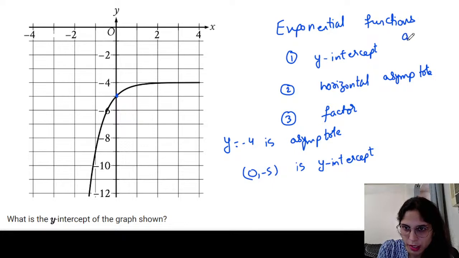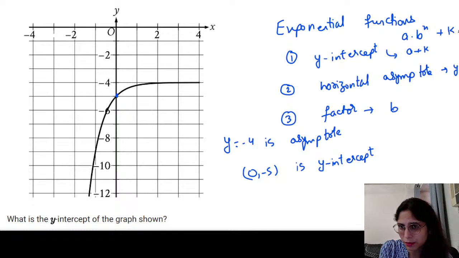It is going to be a times b to the power x plus k. Horizontal asymptote is going to be y is equal to k. Factor is your b, and y-intercept is going to be a plus k, because when you put x as 0, b to the power 0 becomes 1, so it becomes a plus k. When there is no k value, it is 0, then the y-intercept is just going to be a.